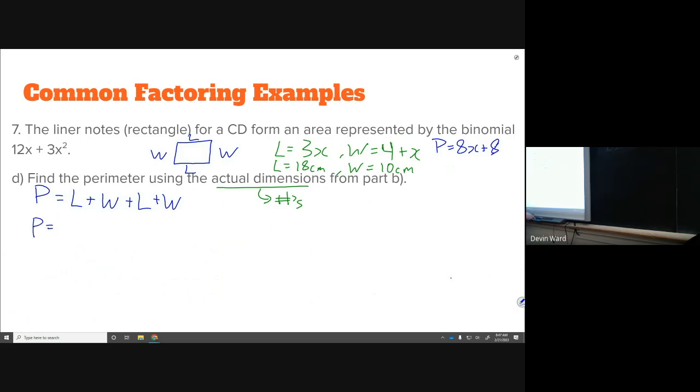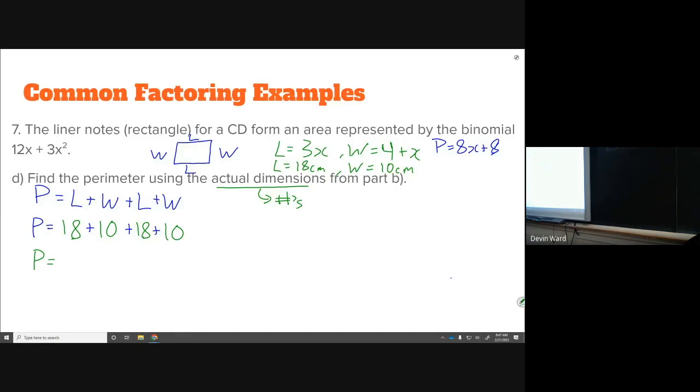So our length, we said, was 18. So I'll have 18 plus my width was 10, plus another 18 plus another 10. Then we can add them all up.